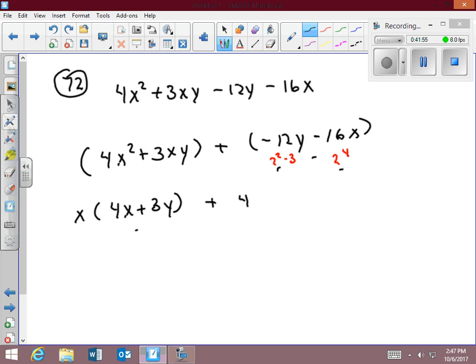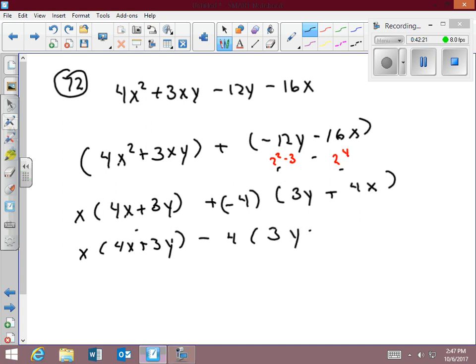And then I'm going to have to take a negative sign out, right? And that's going to leave a 3y. And then this is going to leave a 2 squared with a plus, so that's 4x. So this is x times 4x plus 3y minus 4 times 3y plus 4x.